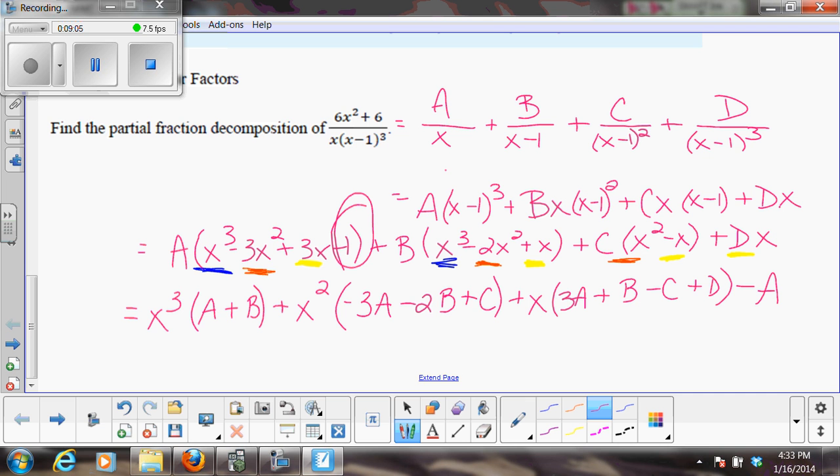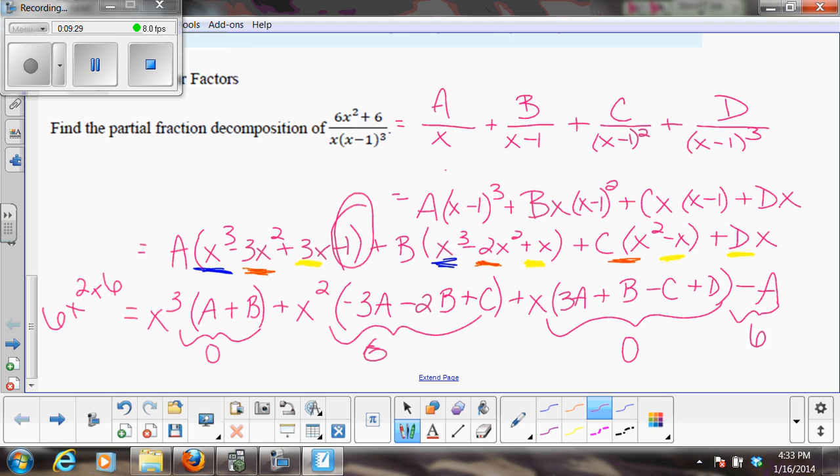All right, so this is supposed to technically equal the top, which is 6x squared plus 6. Okay, well, there's no cube term, so this piece equals 0. This piece equals 6. There's no x term either, so this piece equals 0, and negative a equals 6.